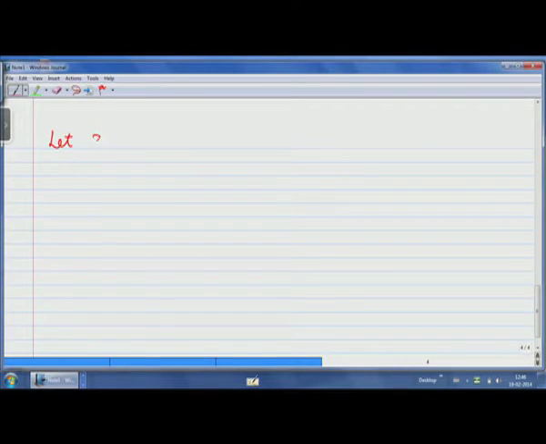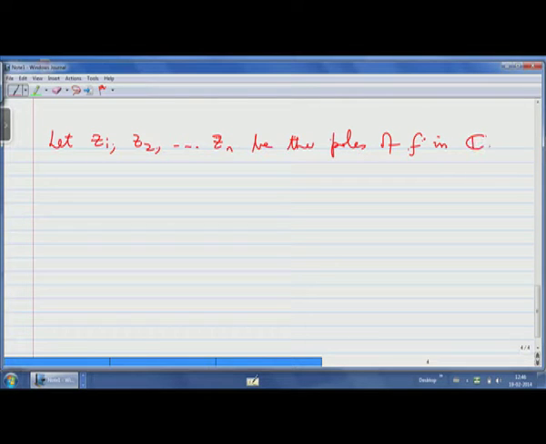Let z1, z2 and so on, zn be the poles of f of z in the complex plane. Again let me stress, this is very important, that you are getting only finitely many poles because you have assumed that f is meromorphic on the extended plane.